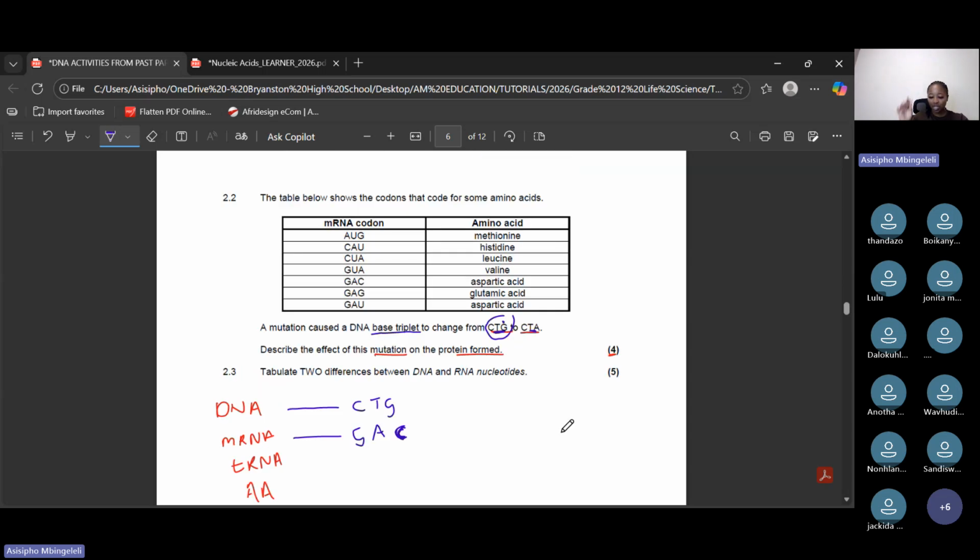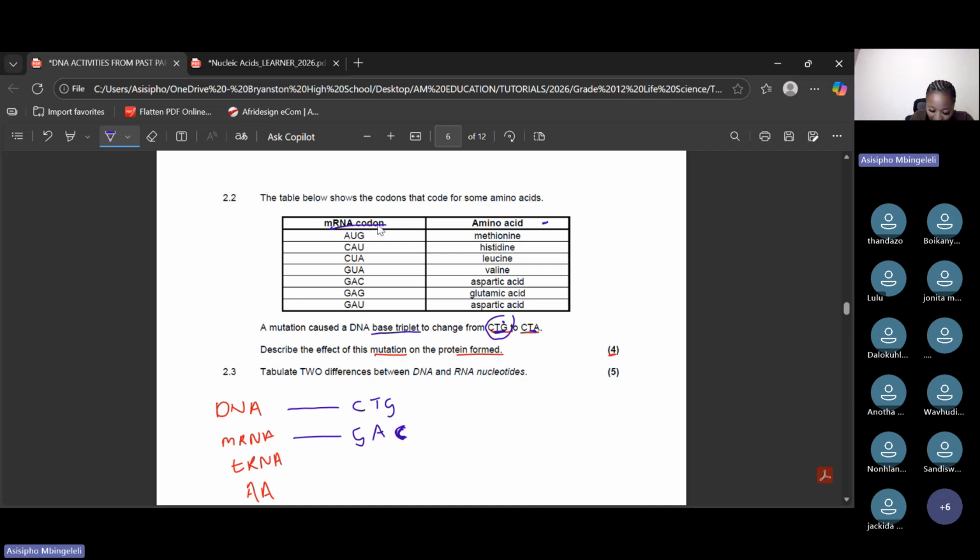Now, it's up to us whether we skip transfer RNA or not for this question. Why am I saying that? We need to find the name of the amino acid that was formed, and in our table, that is guided by the messenger RNA and not necessarily the transfer RNA. So we can use the bases of the messenger RNA codon to find the name of the amino acid, because that's what we are given in our table.